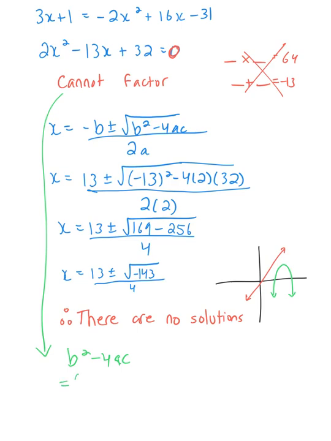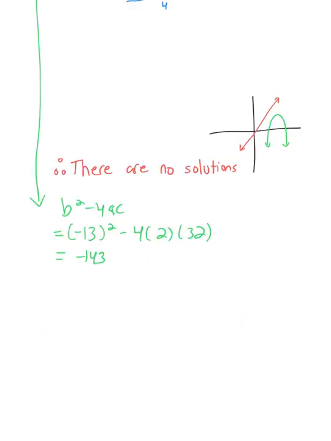So our discriminant is b squared minus 4ac, so negative 13 squared minus 4 times 2 times 32, which is equal to negative 143, which we already knew because that's what we got in the square root of the quadratic formula. So because the discriminant is negative, we can say, therefore, there are no solutions.